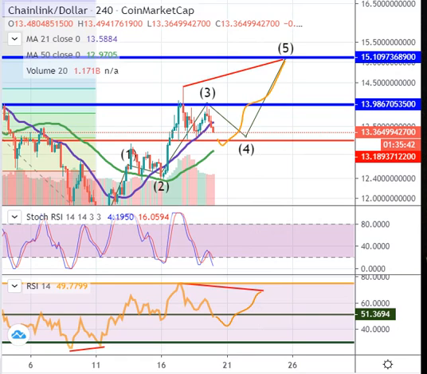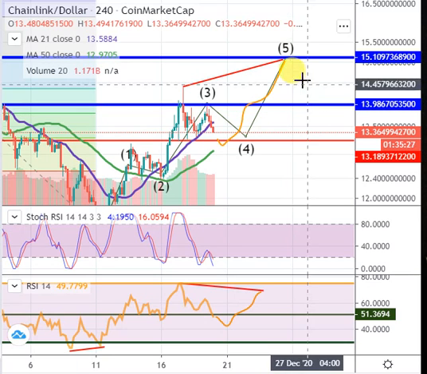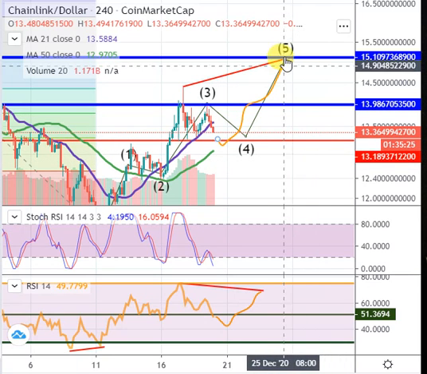But if you're a long time hodler, you know what to do because a long time hodler does not have anything to bother about. You know, long term Chainlink is going to go to 1,500. That's it. But if you are a trader, you may want to reaccumulate below this price target.